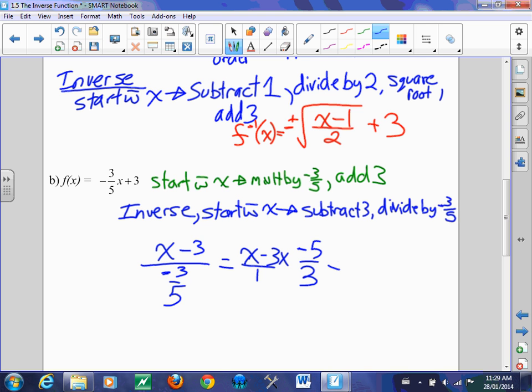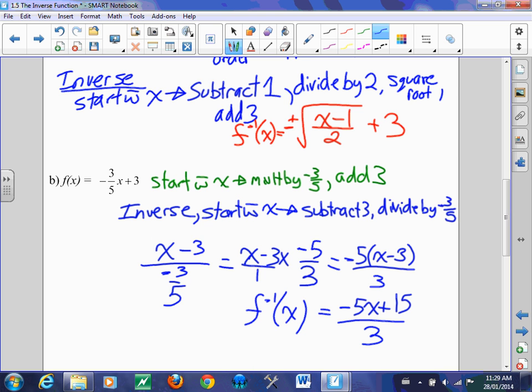We end up with negative 5 times x minus 3 all over 3. Okay, and if you want to simplify that out, negative 5x plus 15 over 3. And don't forget to put in f inverse of x. I always put that in at the end because I don't know how much space I'm going to need.